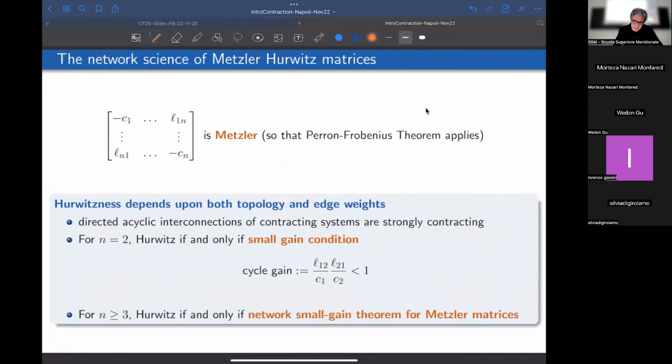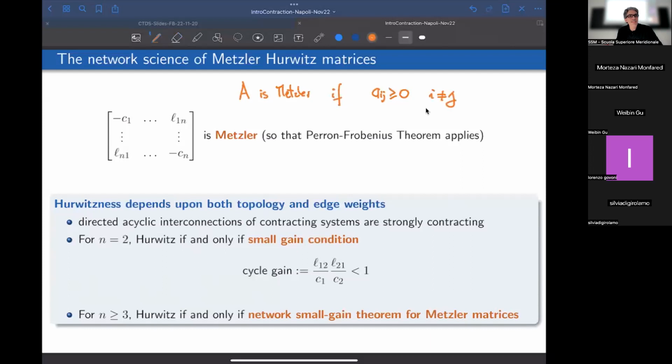A matrix gamma is Metzler if, well, actually, let's do it for an arbitrary matrix A. A matrix A is Metzler if A_ij is greater than or equal to 0 every time i is different from j. So for a Metzler matrix, you know nothing about the entries on the diagonal.